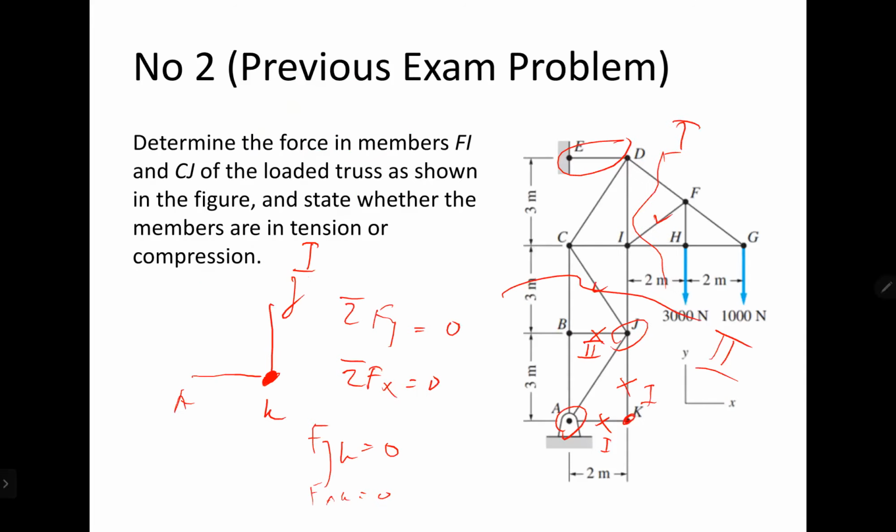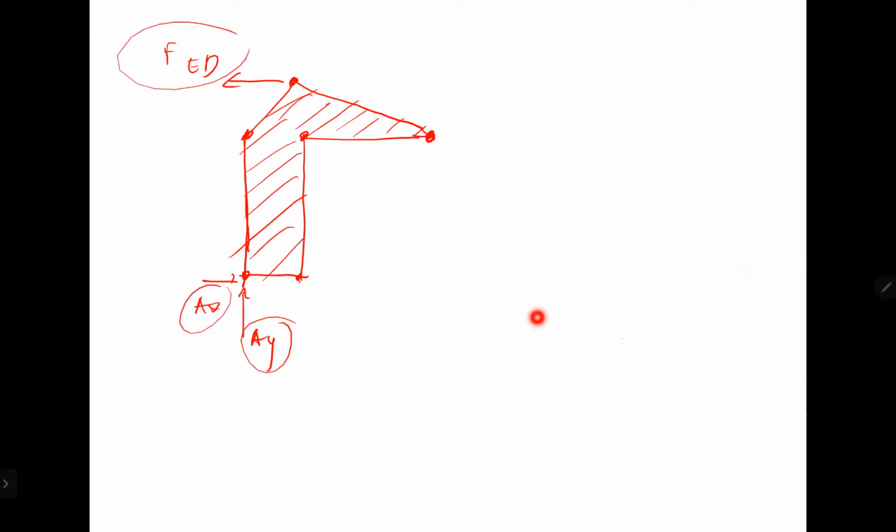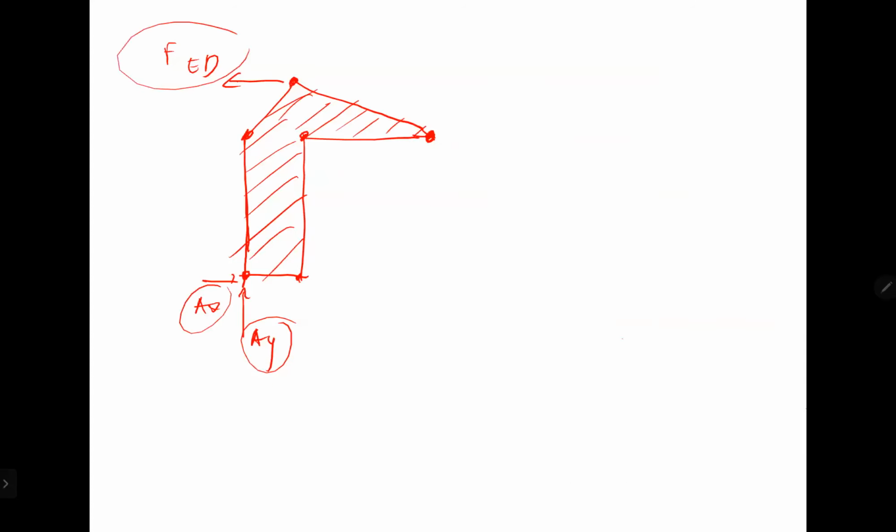This one is to solve for the forces, then there will be FEG like this. In order to solve for the external forces, you can just use the technical free body diagram.